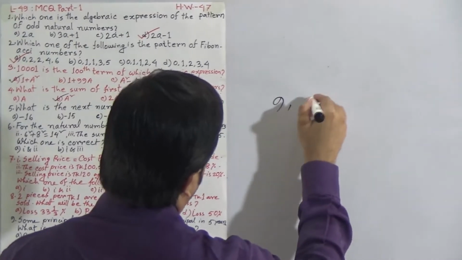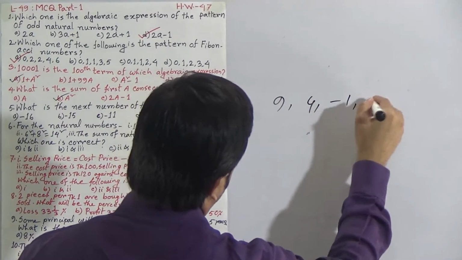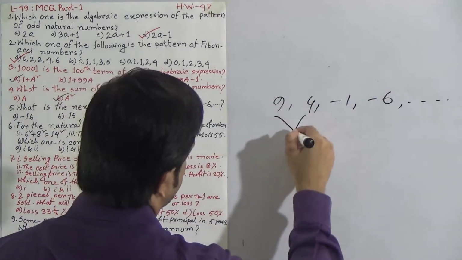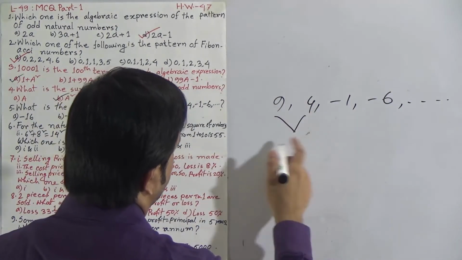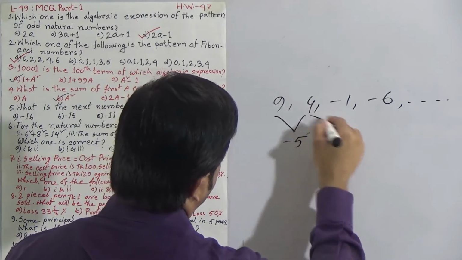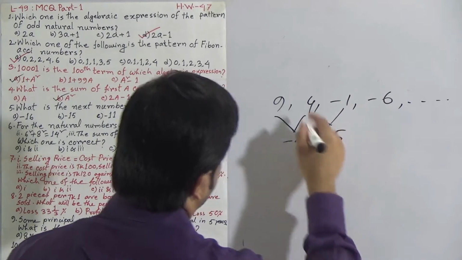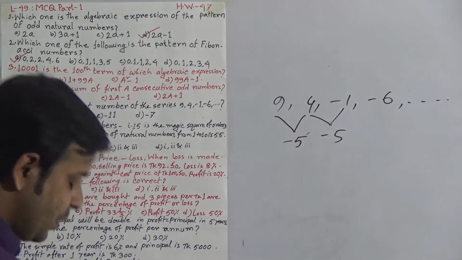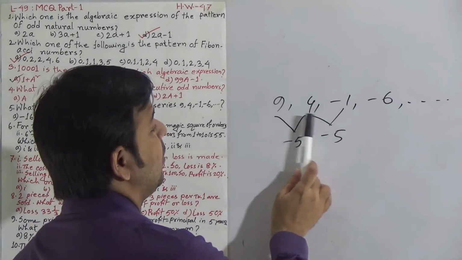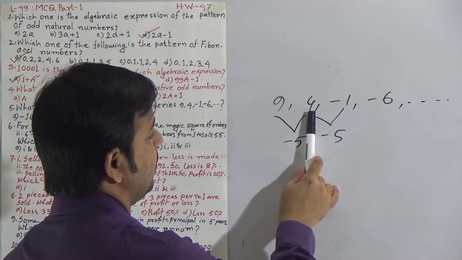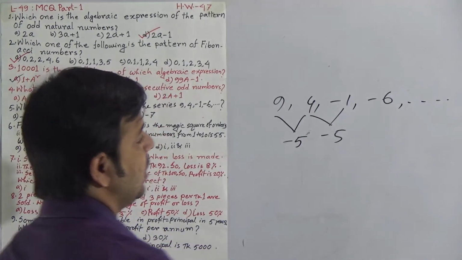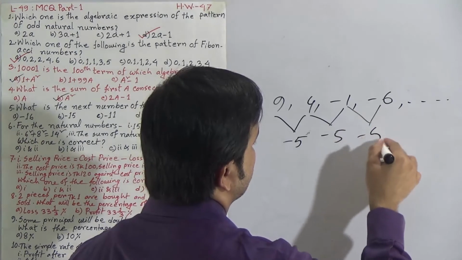The difference between the first two terms is minus 5. Here is also minus 5. To find the difference, we subtract the first term from the second term, then the second term from the third term. In every case the difference is minus 5.